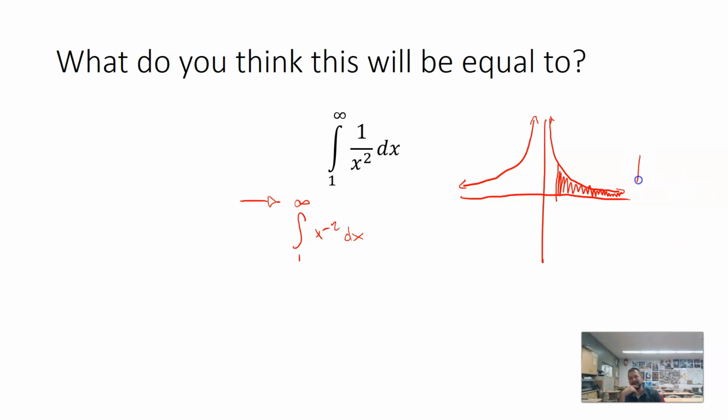Because this graph never touches the x-axis, you look at that and you're like, oh, I can see that there's just going to be more area and more area and more area, because as x goes to infinity, way out in this direction, that's saying there's never going to be an end to the area that is being generated. So that would be what my answer is, and we would just basically say that this does not exist.